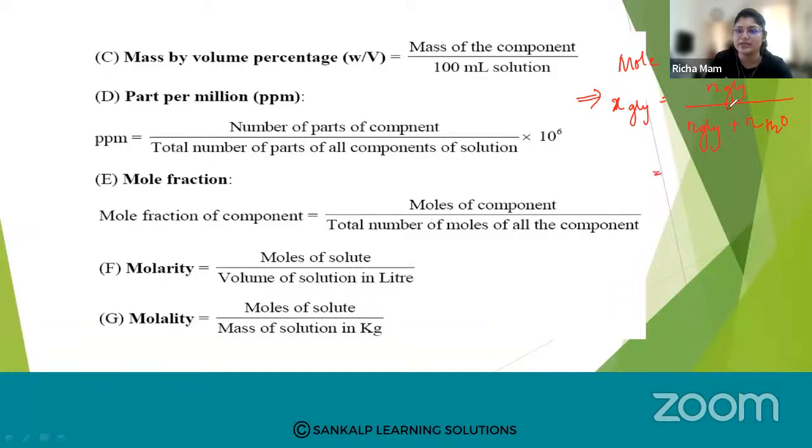So we have found this. The number of moles of glycol was 0.32, then the number of moles of glycol 0.32 plus water is 4.44. So what you do? Let me use a calculator.